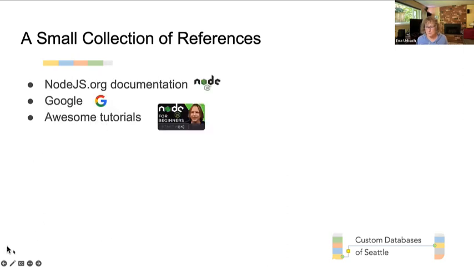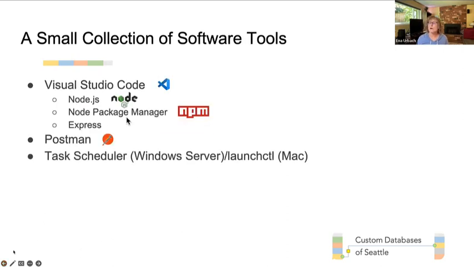Part of Node.js is the Node package manager, which is a command line application that allows you to access all of those open source packages that I was talking about.